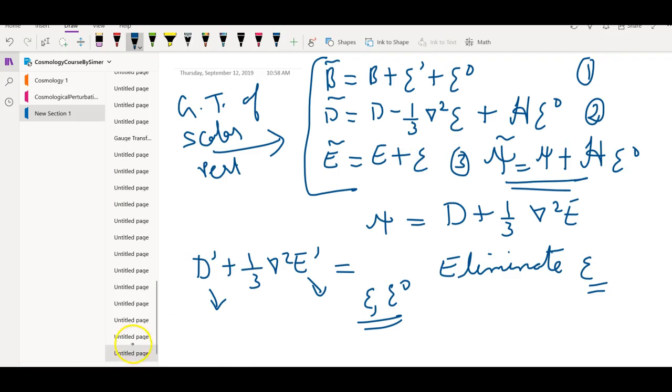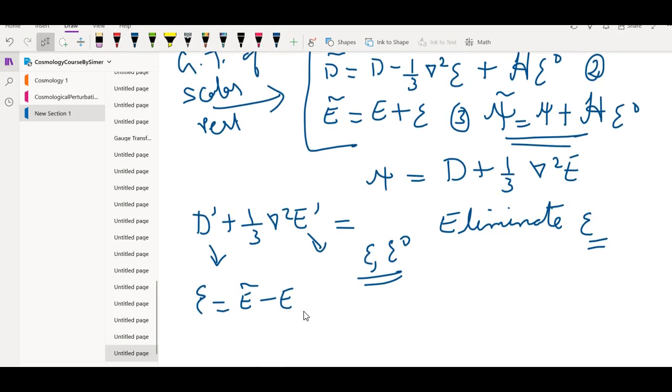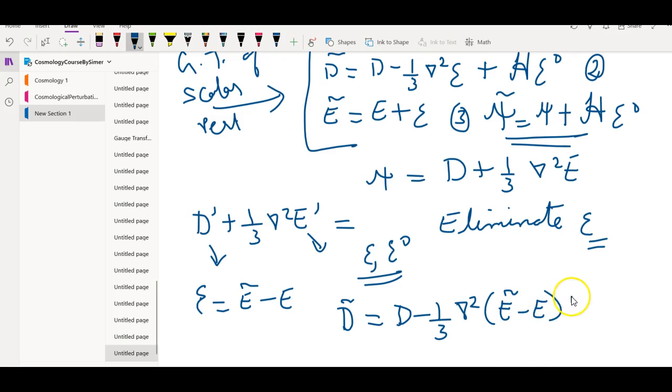I can put xi equal to e tilde minus e. So I will get d tilde is equal to d minus 1 by 3 del square e tilde minus e plus h xi 0.